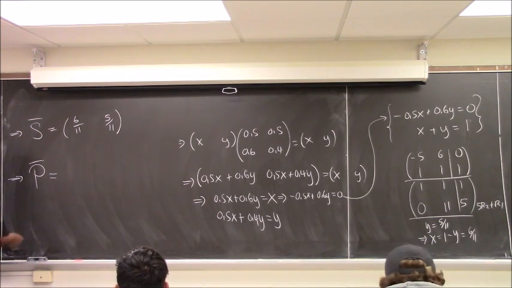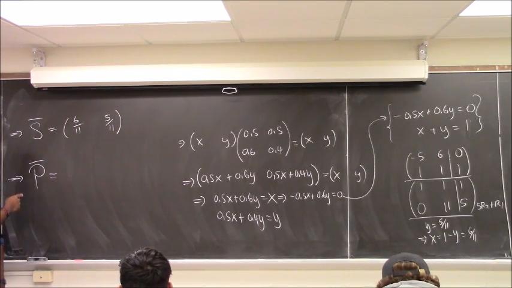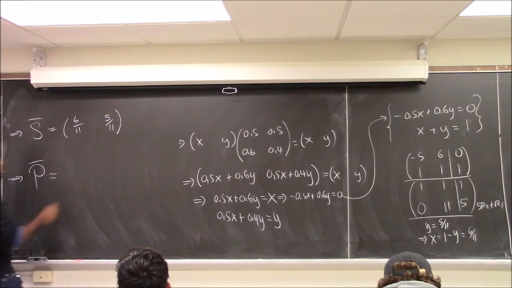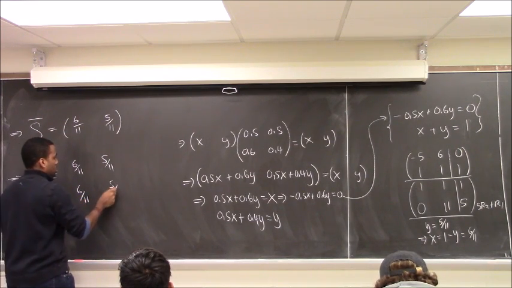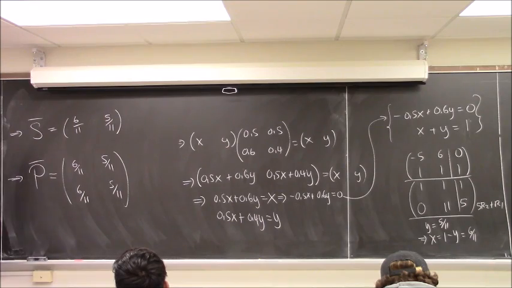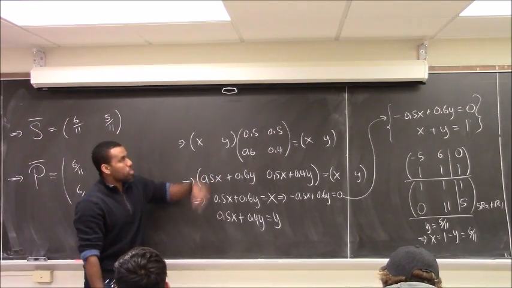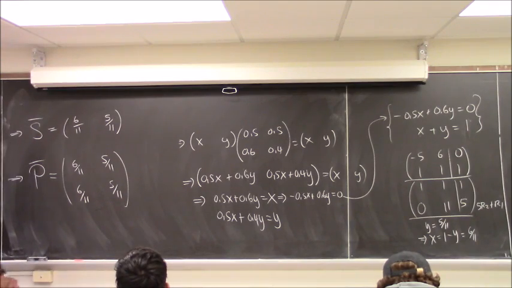Meaning if you keep multiplying the matrix by itself over and over, what does it move towards? It's 6 over 11, 5 over 11, 6 over 11, 5 over 11. It's just going to repeat the stationary matrix in each row. So if you keep multiplying this matrix by itself over and over, it'll actually approach this.